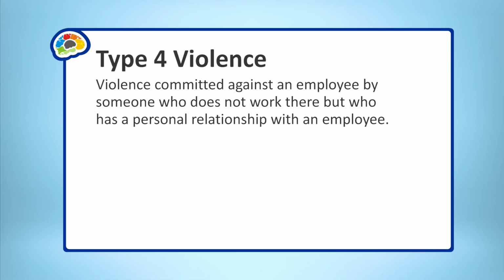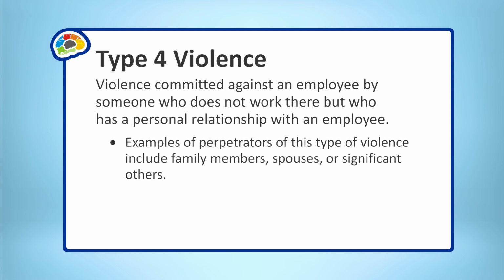Type 4 violence is the final category of workplace violence. It is violence committed against an employee by someone who does not work there, but who has a personal relationship with an employee. Examples of perpetrators of this type of violence include family members, spouses, or significant others. Type 4 violence often stems from domestic disputes or personal conflicts that spill over into the workplace.